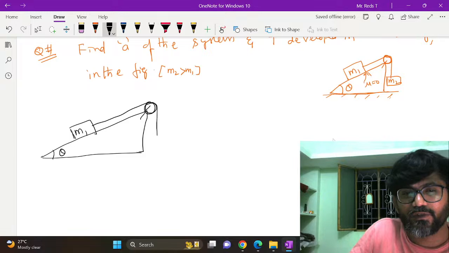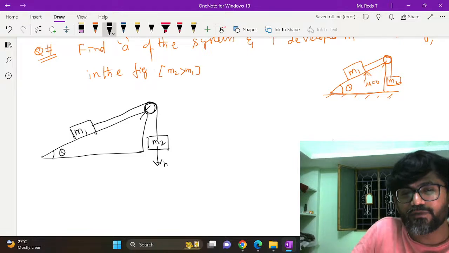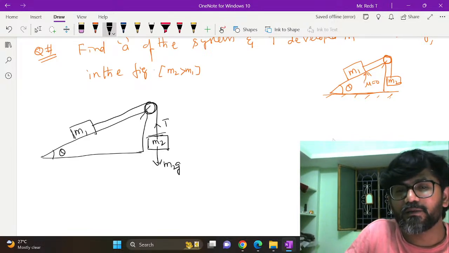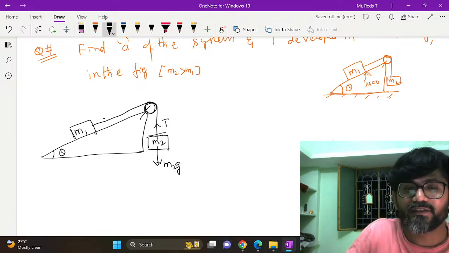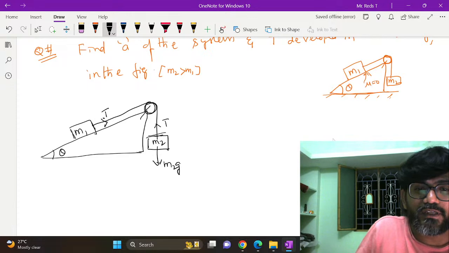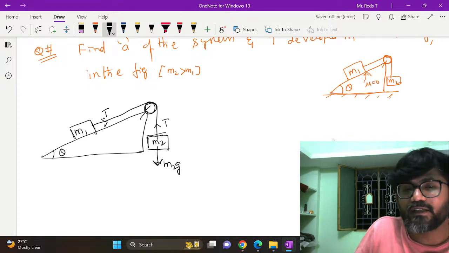Here M2 is connected, and because M2 is hanging here, M2G is acting vertically downwards, and a tension T is acting away from this point of contact. We will consider this pulley a frictionless, ideal pulley. The string is also ideal, so tension will be the same everywhere, and at this point of contact also the same tension T acts. Now this is M1; M2G is the external force acting on M2.